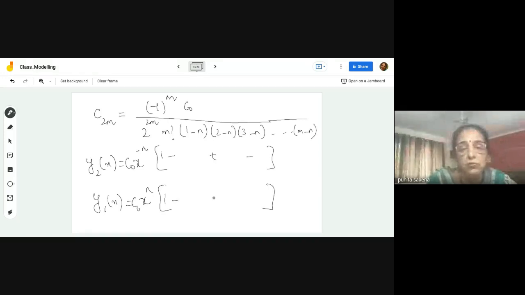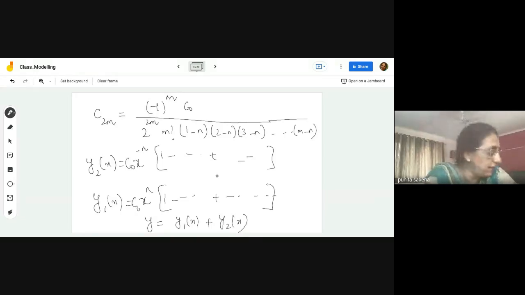Similarly here also 1 minus, then plus, then minus, and so on and so forth. So you're going to get your two linearly independent solutions, and your complete solution is going to be y1(x) plus y2(x). Will you be able to complete now the fill in the blanks that I have left in between for you to do? Will you do it?